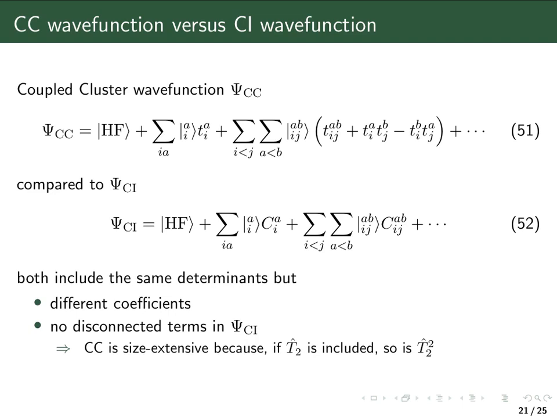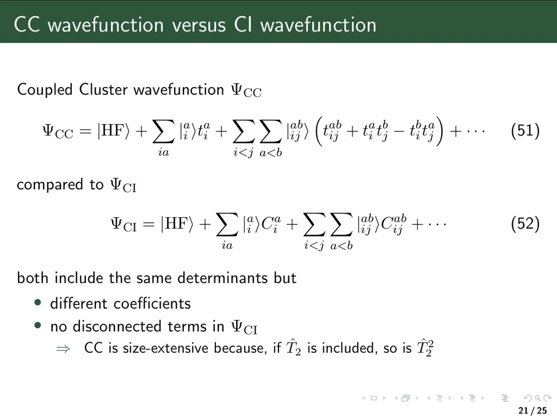So, I have these disconnected terms in the coupled cluster wave function. And you might ask yourself, what are they doing? And they're actually very important. Because it's because of these disconnected terms that the coupled cluster wave function, or the coupled cluster energy, is size extensive.